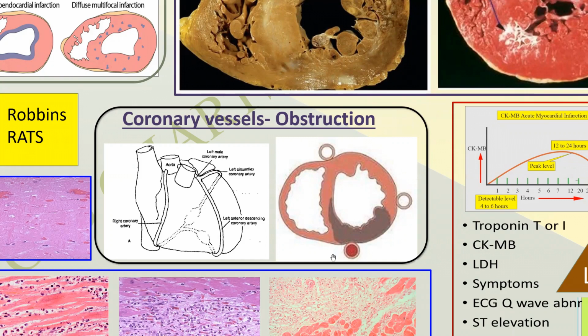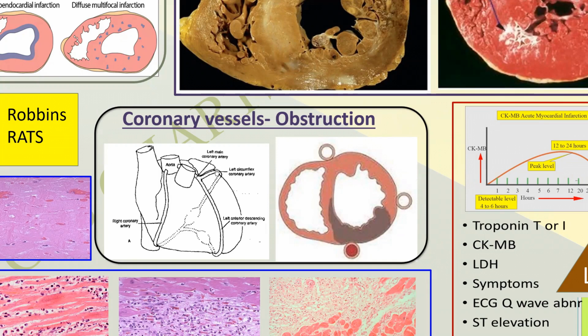So this is the cut surface of the heart. This is the left ventricle, this is the right ventricle. This is the interventricular septum. When the left anterior descending is obstructed, you find that the anterior 2/3 of the interventricular septum and the anterior part of the left ventricle undergo an infarct.